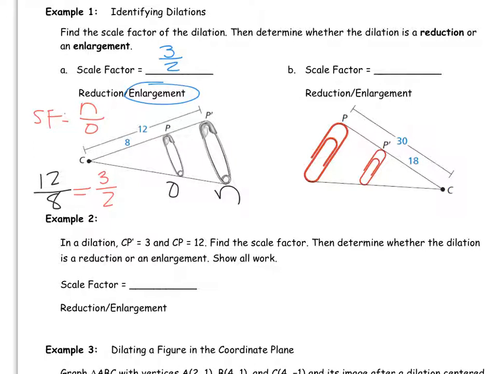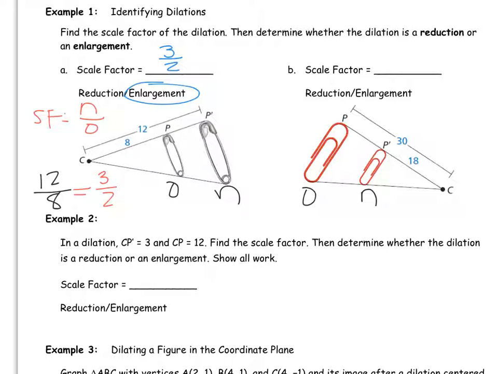Looking at the next one, same situation. Since this is labeled P, it is our pre-image, so that is our old, and therefore this one over here is our new one because it's P prime.